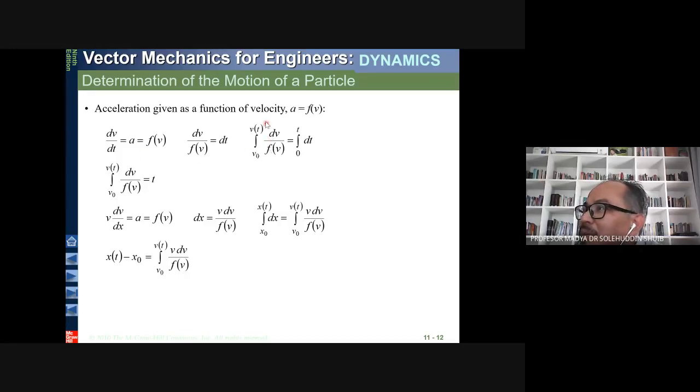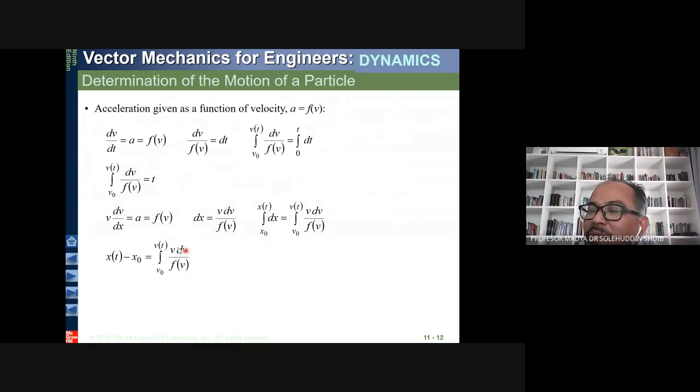So you integrate both sides, and you get dv divided by fv, and then you do the integration, and then we follow the same step like the earlier slide. The final one, you're going to get xt minus x dot, the integration of v dv divided by fv.